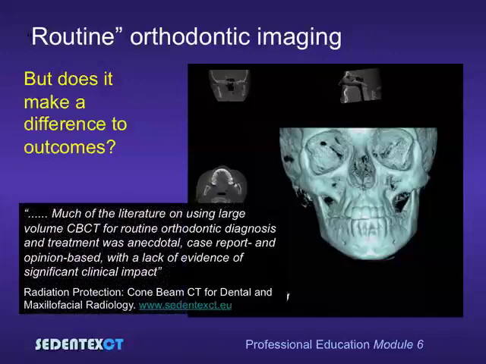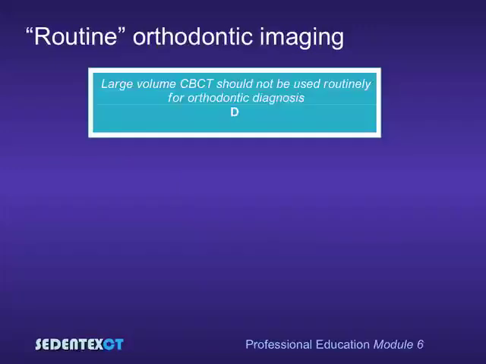Indeed, the guideline document of the Sedentec CT project stated that much of the literature on using large volume cone beam CT for routine orthodontic diagnosis and treatment was anecdotal, case report and opinion based, with a lack of evidence of significant clinical impact. As a result, the Sedentec CT document could not give a guideline with a high grading level, but did state that large volume cone beam CT should not be used routinely for orthodontic diagnosis.